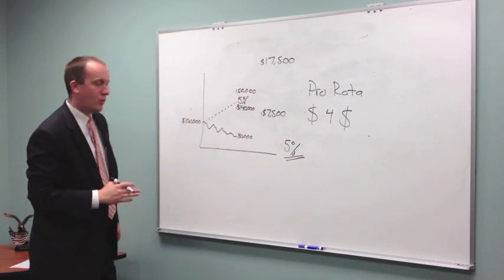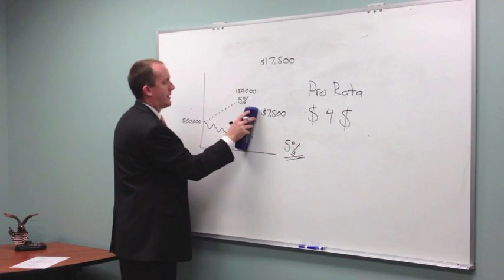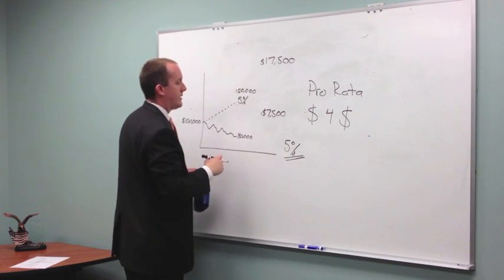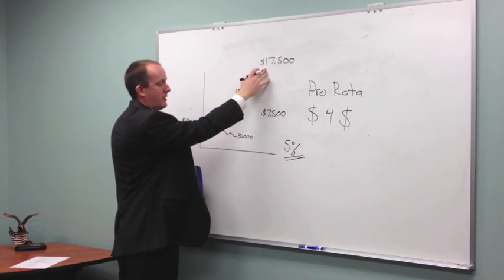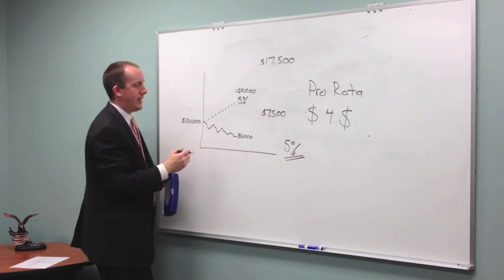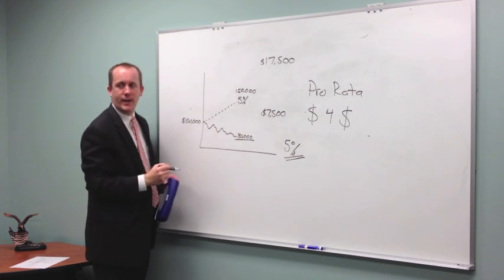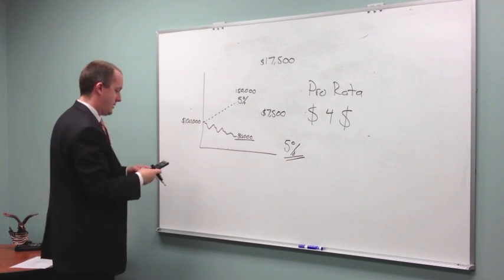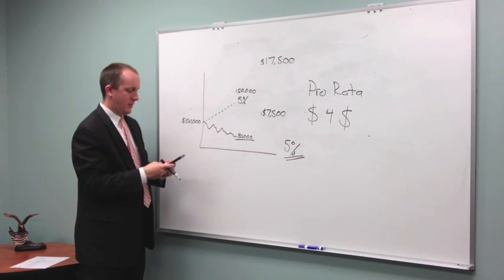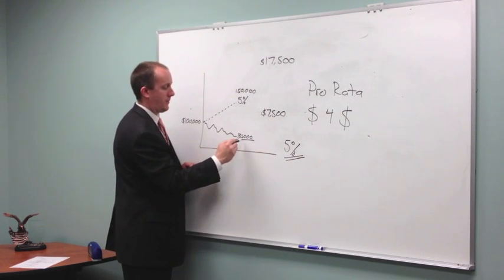Pro rata works much differently. With pro rata, if the client takes out $17,500, the first thing the insurance company does is they look at the account value. $10,000 is 13% of $80,000.